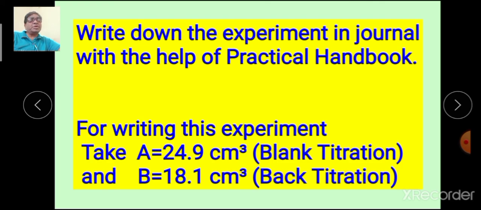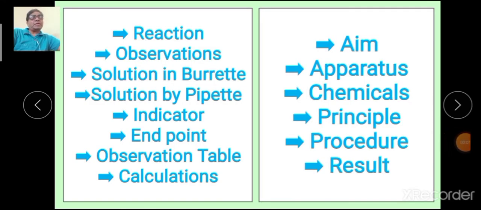Two readings must be constant. Now the hints for journal writing, that is on the foolscap paper. On the right hand side, write down aim, apparatus, chemicals, then principle, then procedure of the experiment, and finally results. While on the left hand side, write down the reaction, observations like solution in burette, solution by pipette, that is pipette being the titration flask, then indicator used, what is the end point, then observation table, and finally calculations.